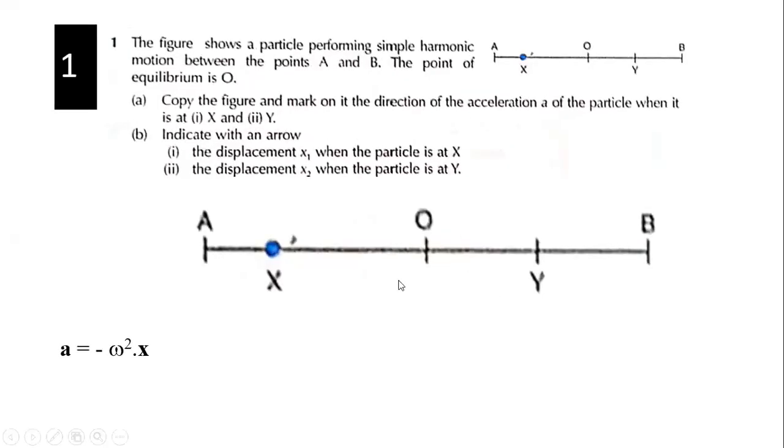You should be able to identify where the particle is. Where is the particle? At O, at B, or at Y? From the question, where is the particle? Or at A or at X? You should be able to identify roughly in your head if you don't want to draw. It tells you that the displacement is 0.4, and the speed is 0. So where is it?